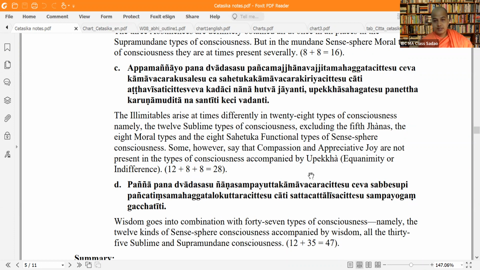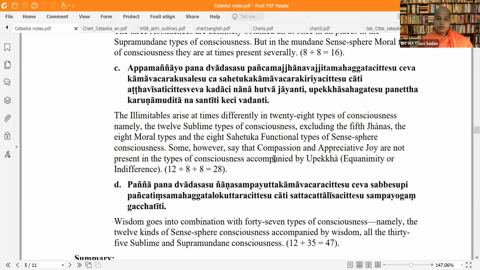But it also says that in chittas accompanied by upekkha, compassion and appreciative joy, karuna and mudita, are not present. So according to some, okay. I'm not sure.